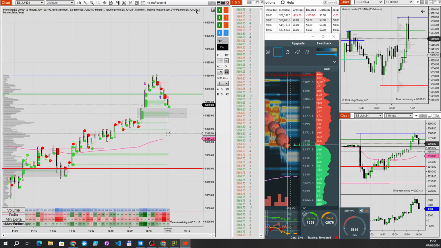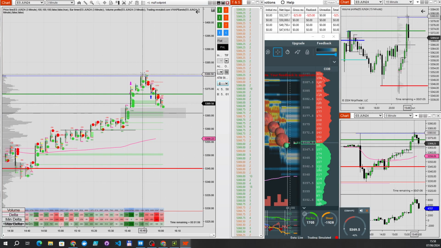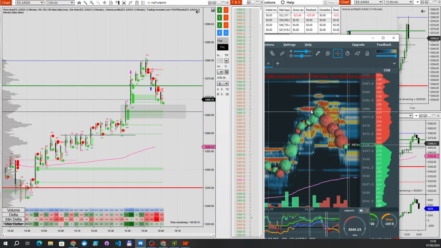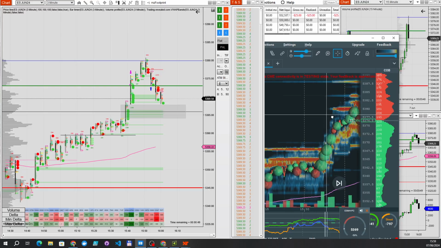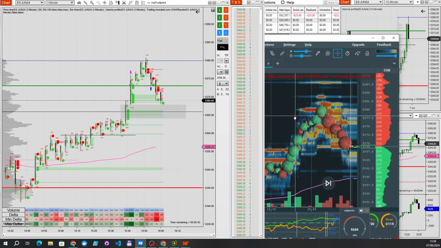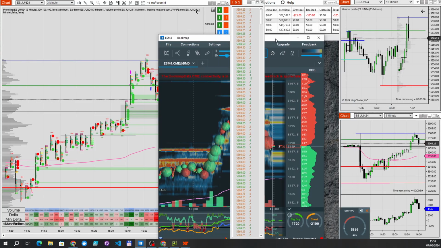Street is short. 13 points drop into this fair value gap. 67 wants to buy. We had some buyers on the way down, right? We're going down. We had some buyers. Okay.